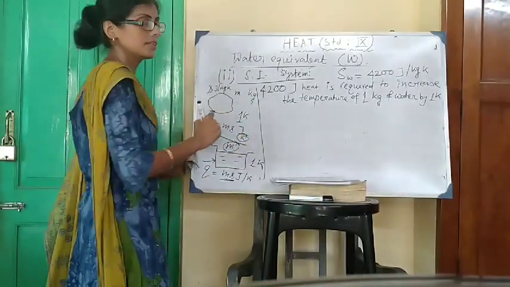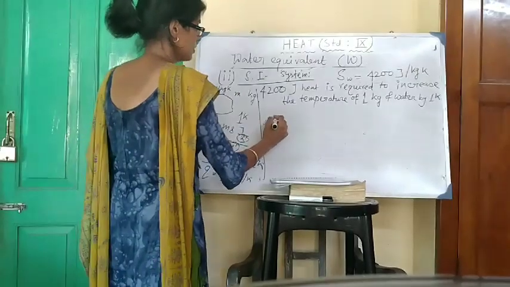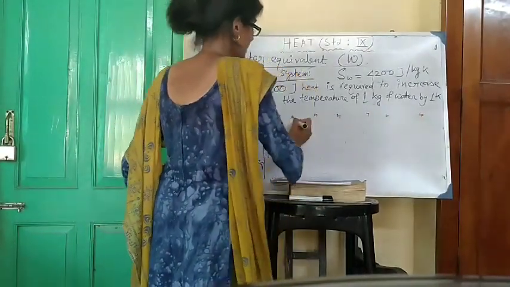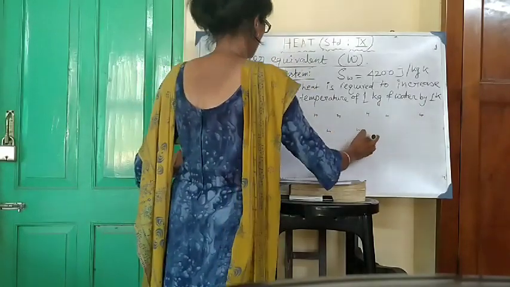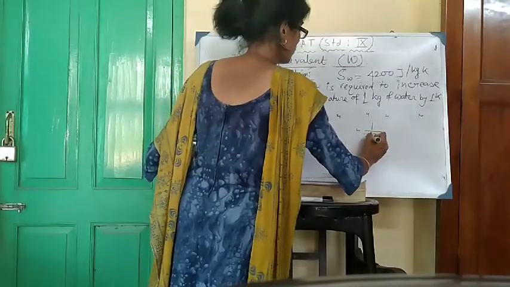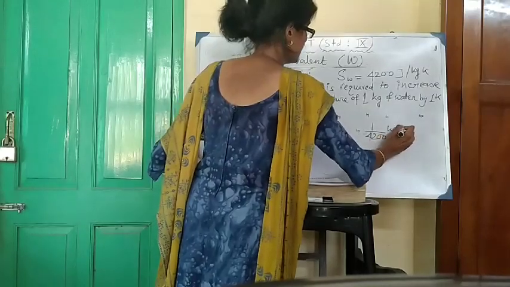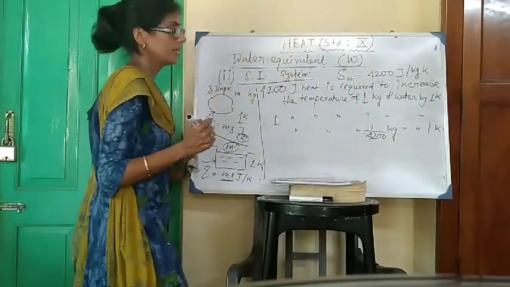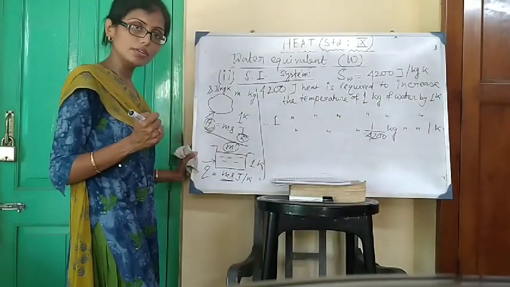Okay, specific heat is 4200. Unitary method: therefore, 1 joule heat is required to increase the temperature of 1 by 4200 kg of water by 1 Kelvin. Increase in temperature of water is 1 Kelvin.